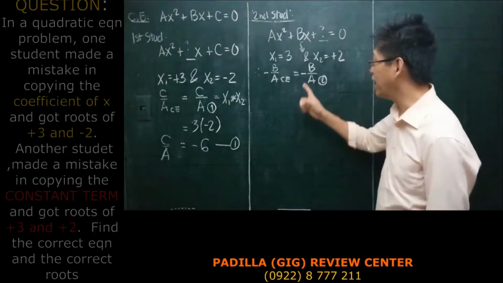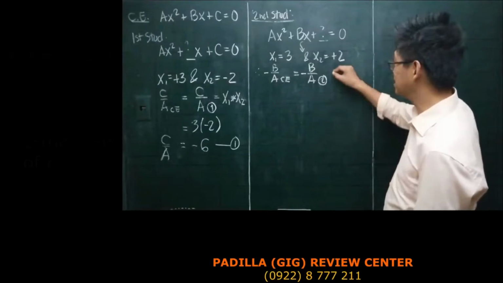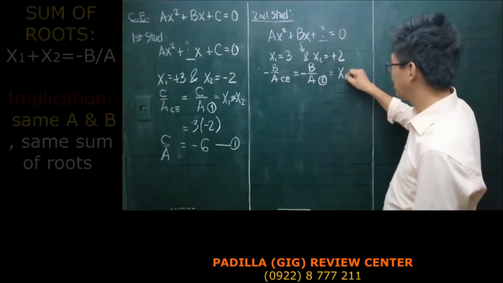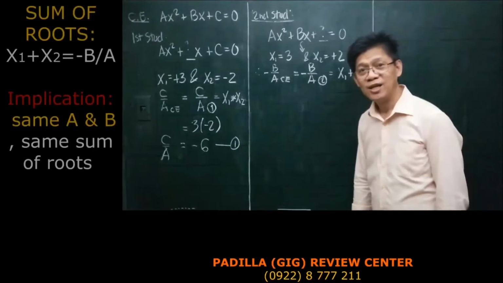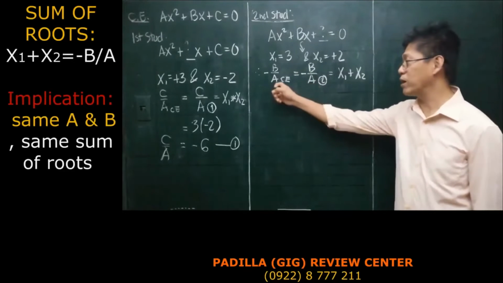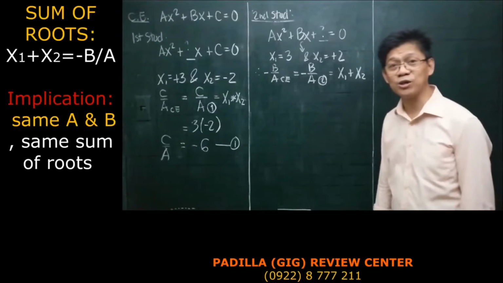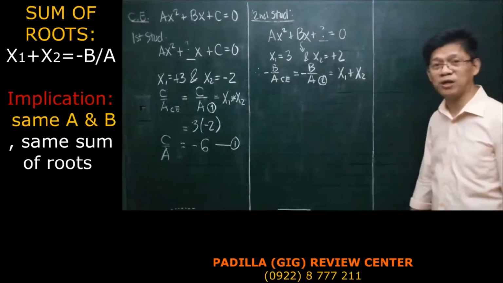But what is minus B over A of a quadratic equation? It is equal to x1 plus x2 of that equation. So we say that minus B over A of both the correct equation and the second student's equation equals x1 plus x2 of the equation.